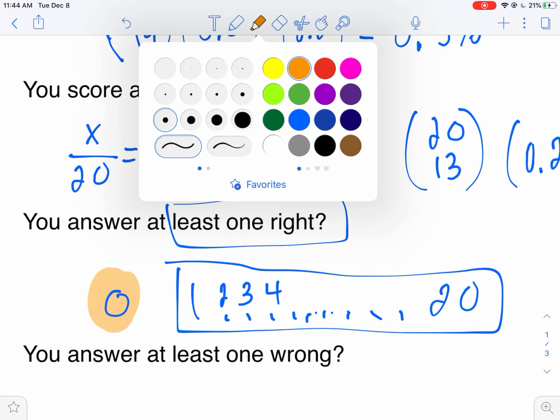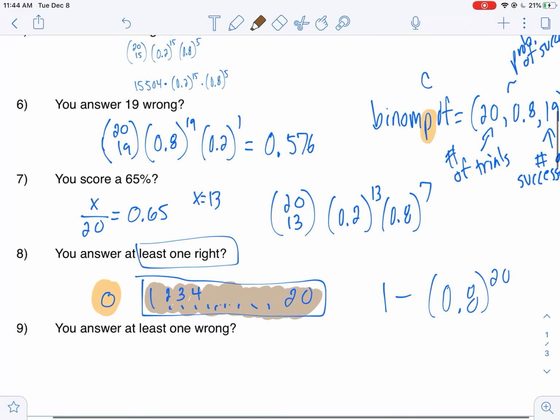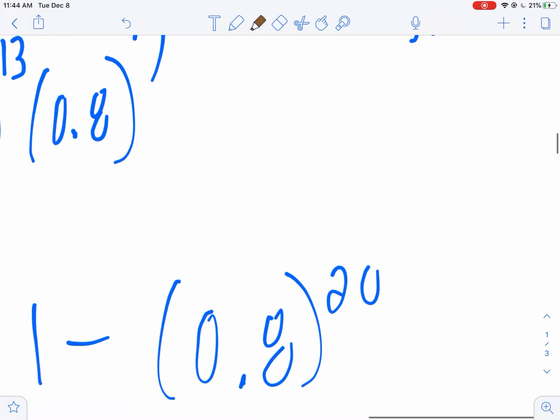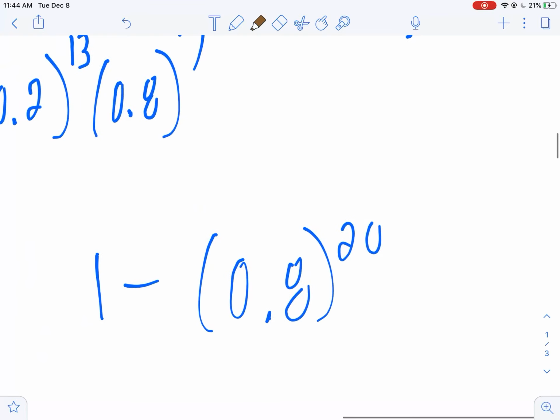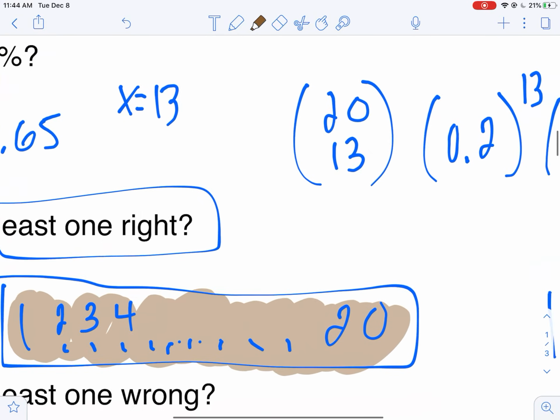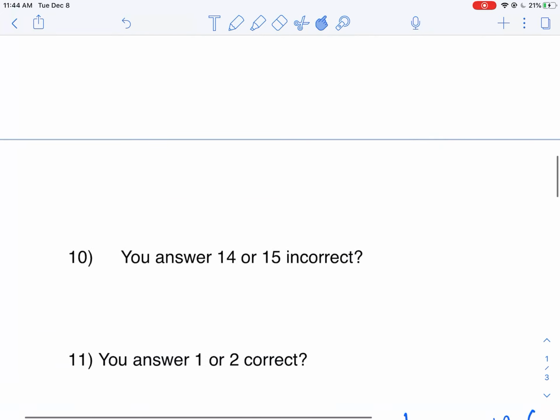So if I find the probability of 0, take it away from 1, I get everything else I need right here. And you'll notice when I wrote it out, I didn't even use binompdf or binomcdf. Why? Because there's only one order possible if you get all 20 wrong. There'll just be 20 wrong in a row. So I did 0.8 to the 20th. Again, I subtracted it from 1, and that gave me everything else I was looking for right here.